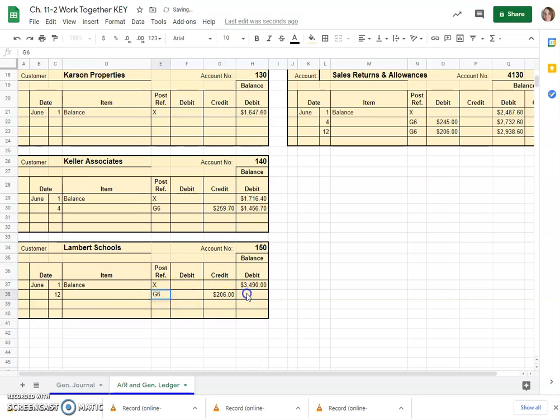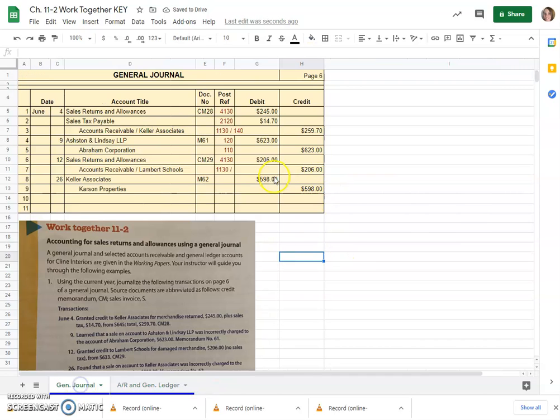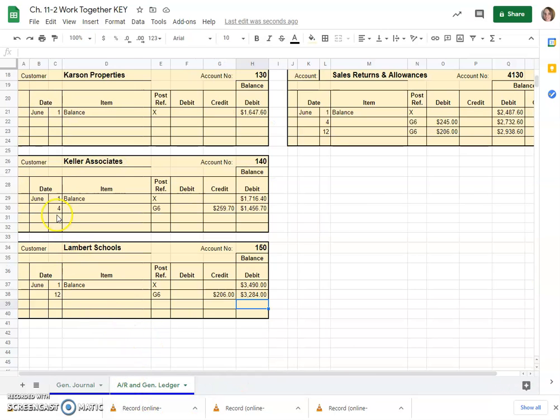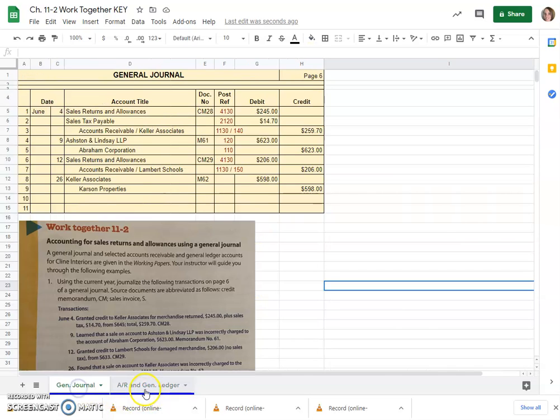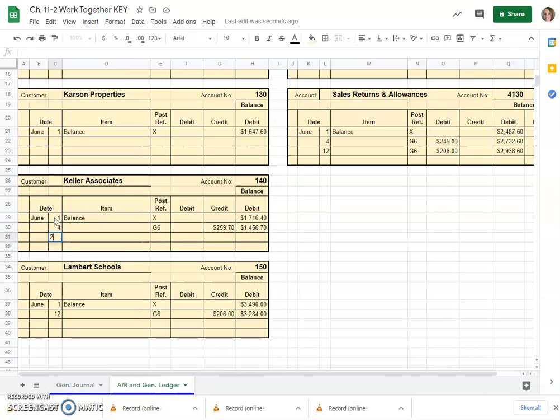and the new balance, subtract that credit. So now 150 is our account number that goes here. And Keller Associates. All right, last one is a debit of $598. So Keller Associates, oh, that date was the 26th. Okay. 26th, G6, and Keller Associates was $598 debit.